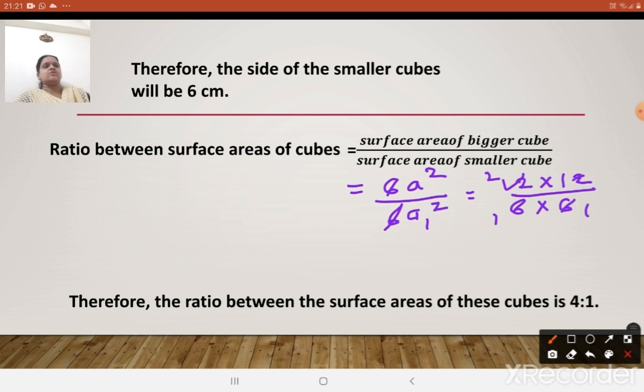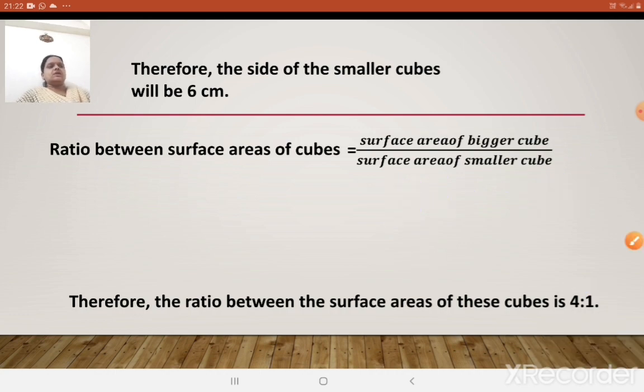Here also 6 ones are 6, 6 twos are 12. So what answer are you getting? 4 upon 1. Therefore, you can see here the final answer. The ratio between the surface areas of these cubes is 4:1. Is it correct? Yes, solve this sum by yourself, this calculation, you will get the answer.